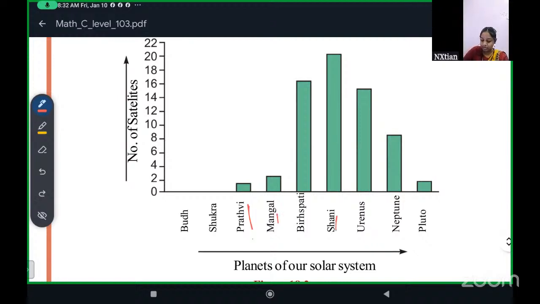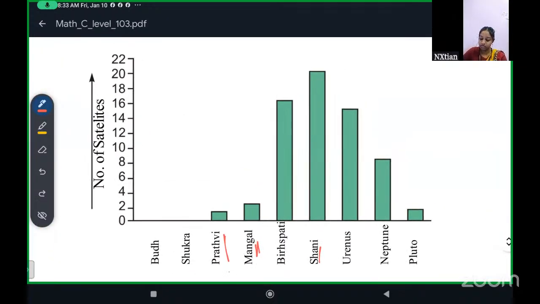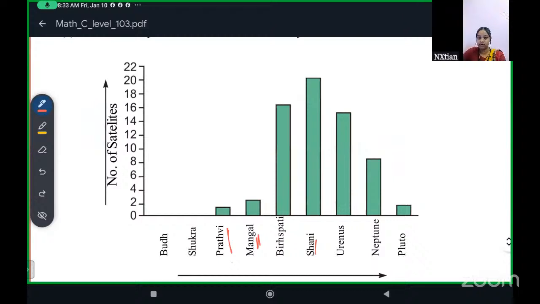This is Mars, known as Mangal. Ma'am, Mars should have the second most satellites because I think humans have been able to go to Mars, not humans, but technology, and they sent rovers and everything. They keep exploring this, na? Yes, ma'am.